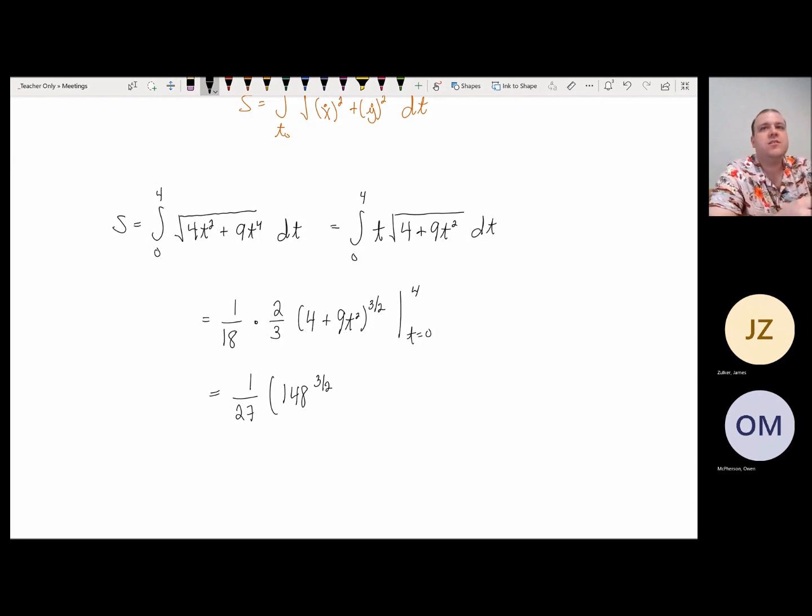To the 3/2. This one's going to be easy. When t is 0, let's get 4 to the 3/2. 148 to the 3/2 would be 148 times the square root of 148. 148 is divisible by 4.